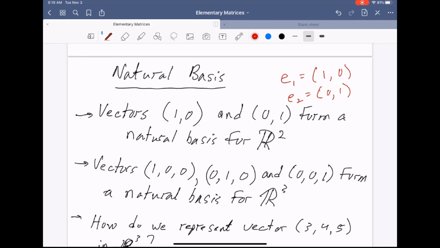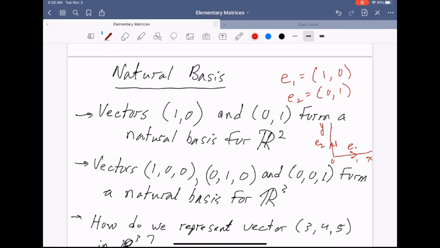Okay, so vectors 1, 0 and 0, 1 form a natural basis for two-dimensional space. So we'd have, here is our vector E1, and this would be our vector E2. This would be your y-axis, your x-axis, and this would be a point 1, and that would be a 1 here as well.